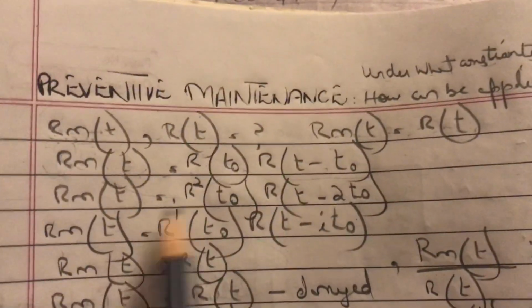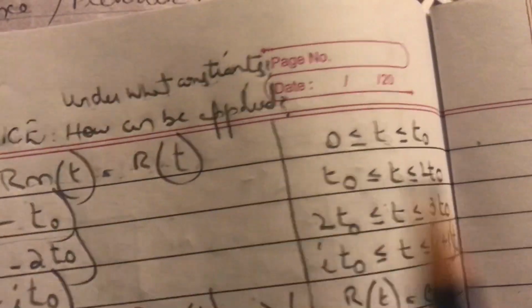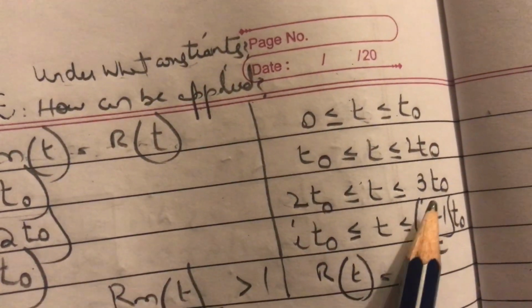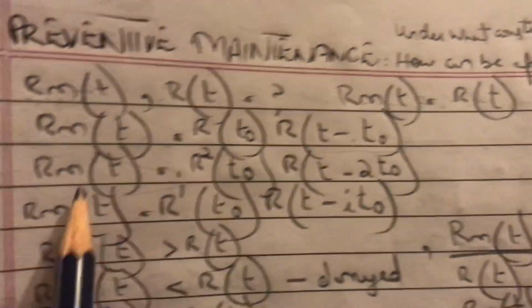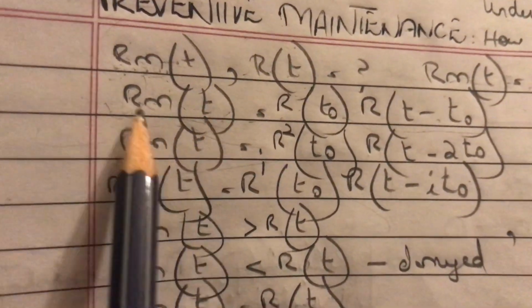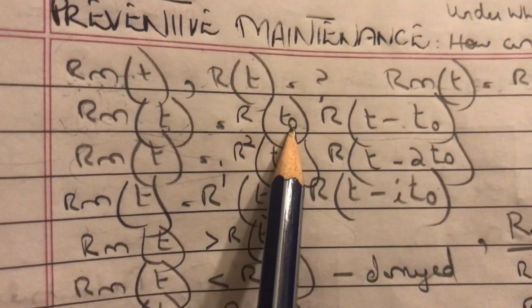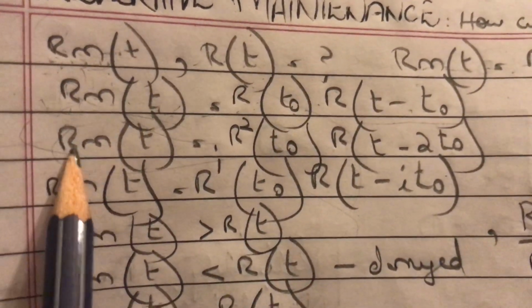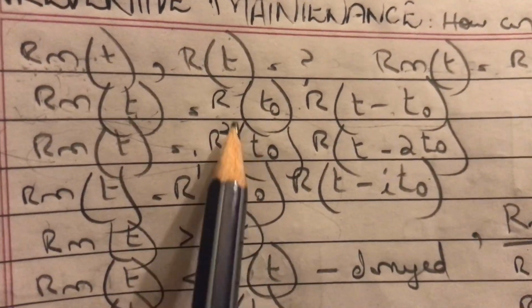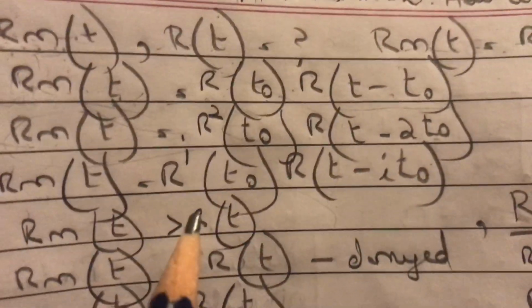The third one is when we are in the limit from 2t0 to 3t0, we have an equation in this form. You can see it easily. Rm of t equals R of t0 times R of t minus t0. The other one is Rm of t equals R of 2t0 times R of t minus 2t0.